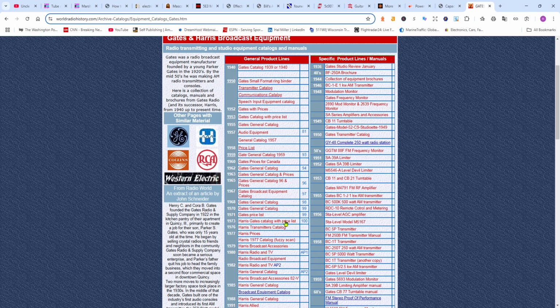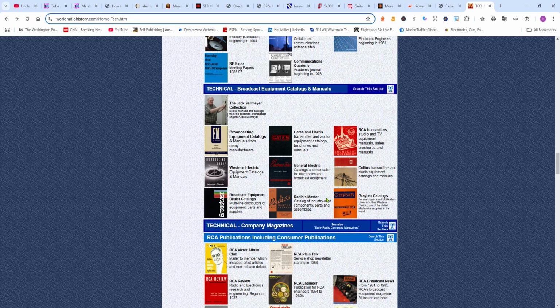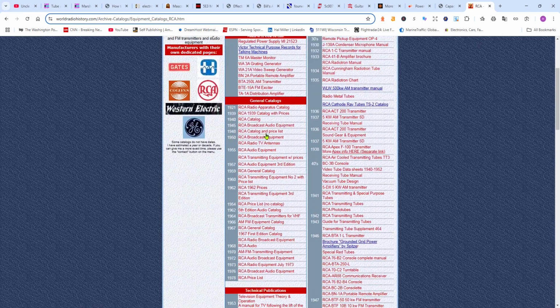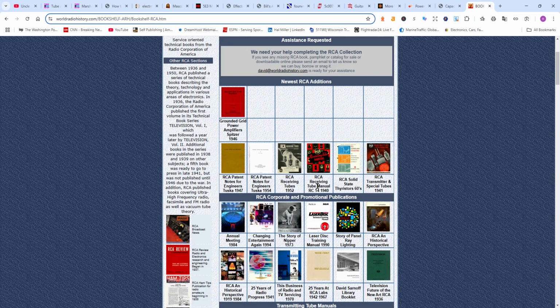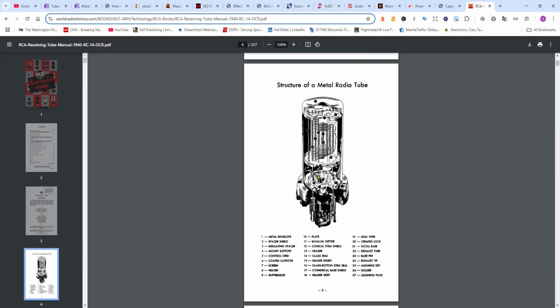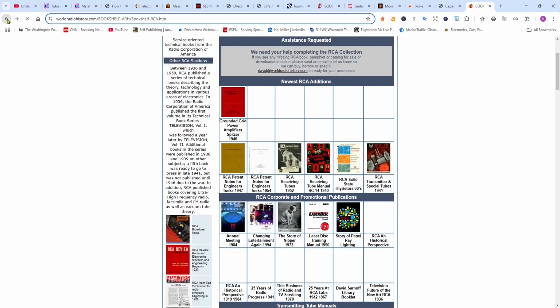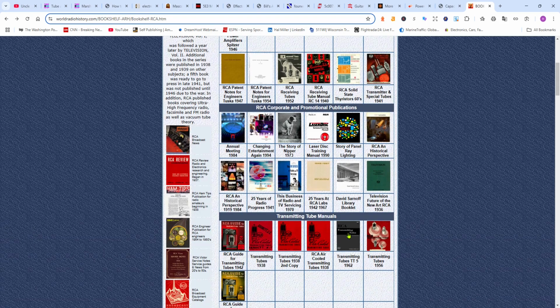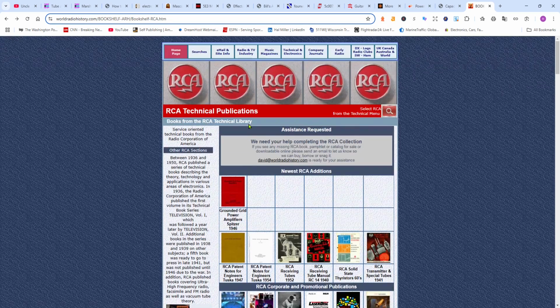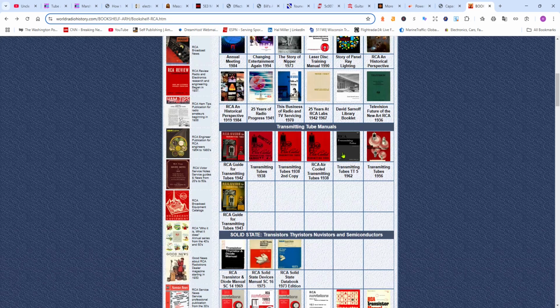Gates stuff is crazy good for old studios. RCA transmitter catalogs. Here are a bunch of technical manuals and receiving tube manuals. Here's RC14 from RCA. That is one of those things that is just great to have. I've scratched the surface of this and just barely looked in it. It's not only a great resource, but just a fun thing to look through.